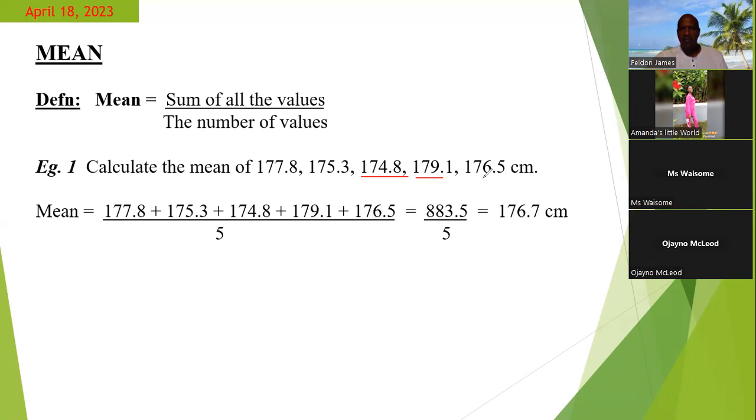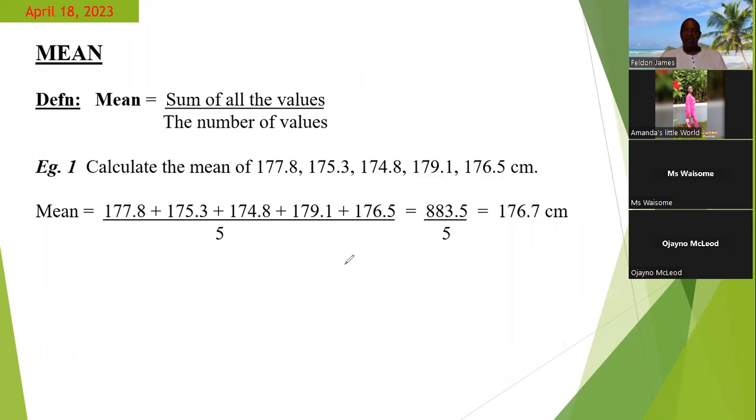And if you notice, the one that we have for the average, 176.5, would fall between those two values, right? Between 174.8 and 179.1. This would fall in the middle between those values. So that would give you the mean.